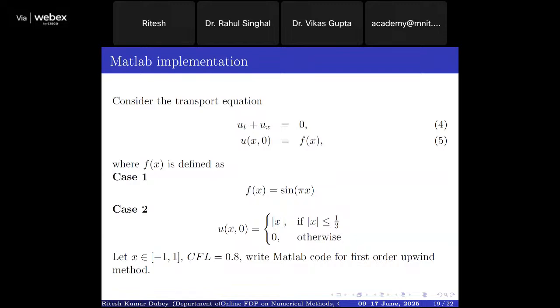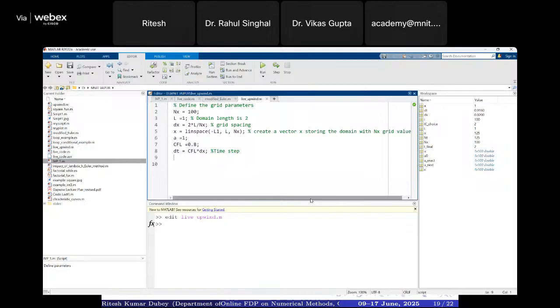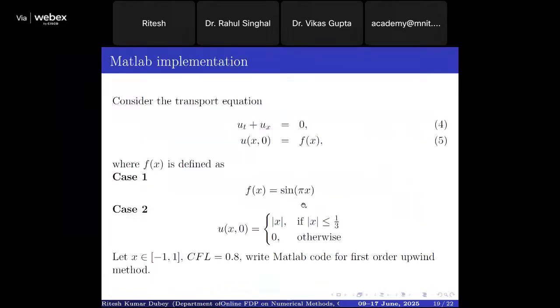Like the period is 2. So every period, the same function is repeating on the entire real line. We are taking periodic boundary condition because it's easy to implement, and there is not much to bother about.